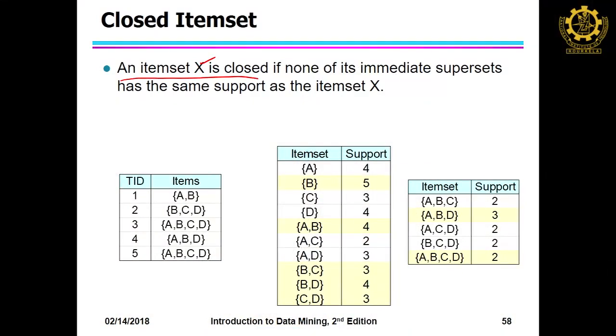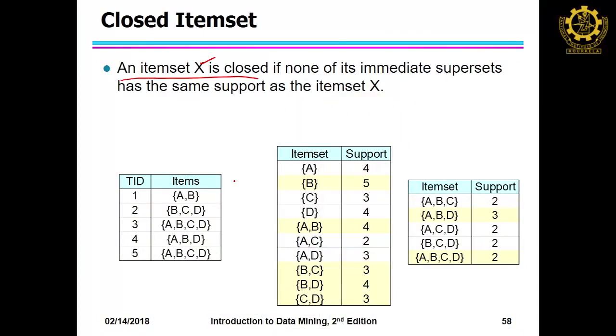If the item set X has support 3, then anything you include with X, the support should be less than 3. It cannot be more than 3, because that we learned, right. So, if it is less than X, then we will say X is closed. But let us say X and AX both have the same support, then we cannot say X is the closed item set.